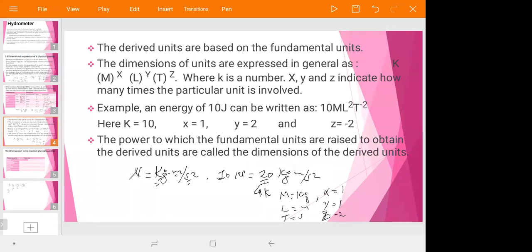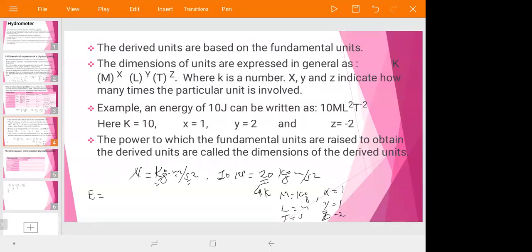For example, energy. Take kinetic energy, which is equal to 1 over 2 m v square. Don't worry about 1 over 2.